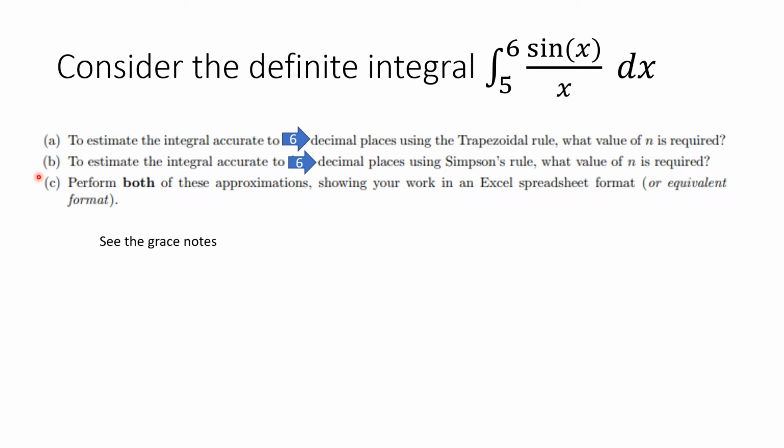Part B, we're to estimate the integral accurate to 6 decimal places using Simpson's rule, but the question is what value of n is required. And then in Part C, you're supposed to perform both of these approximations, showing your work in an Excel spreadsheet format or equivalent format. And then there are some grace notes that I'm providing that may help you.